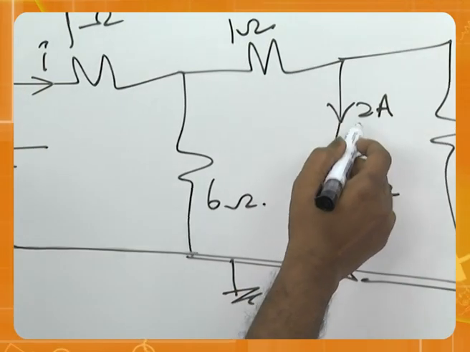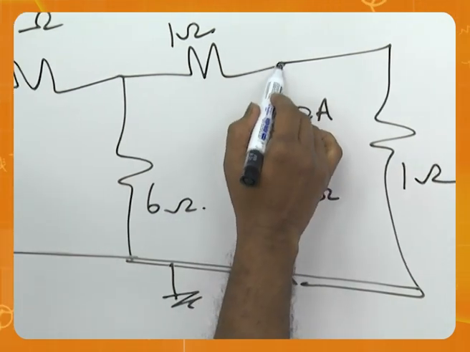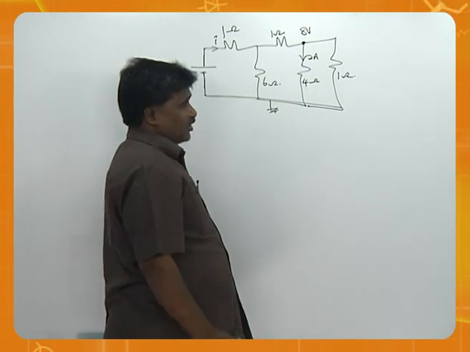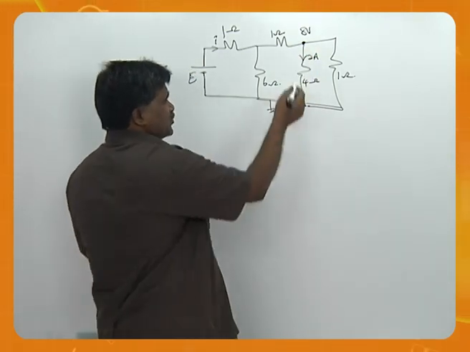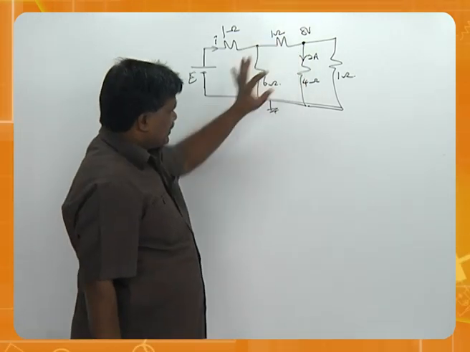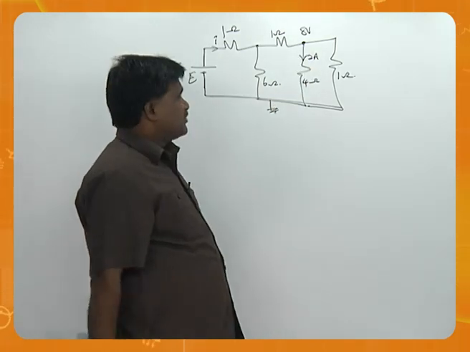What is known here? 2 amperes, 4 ohms. That means this voltage straight away we can say is 8 volts, because 2 into 4 is 8. So this is one node, this is another node.